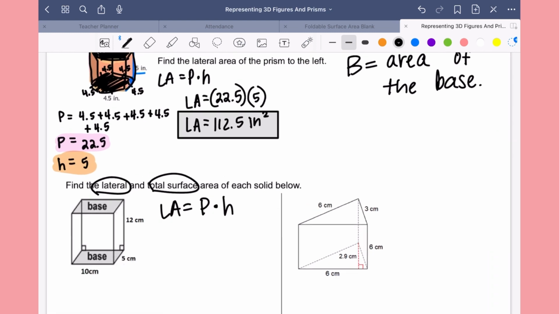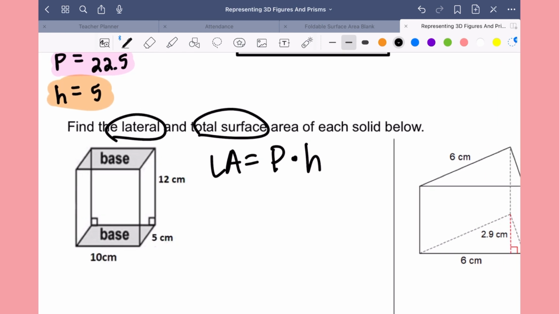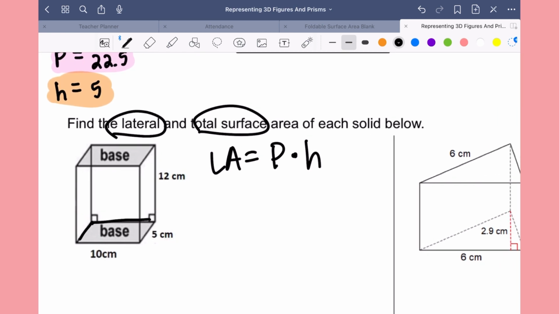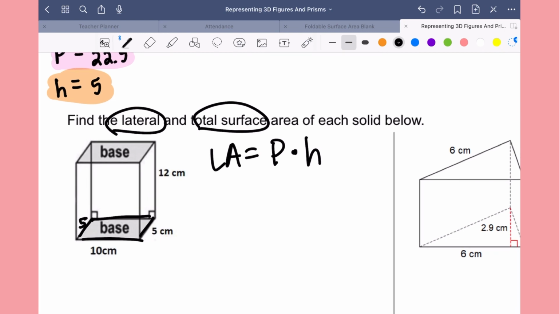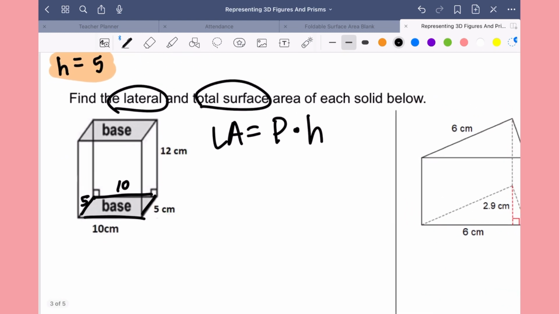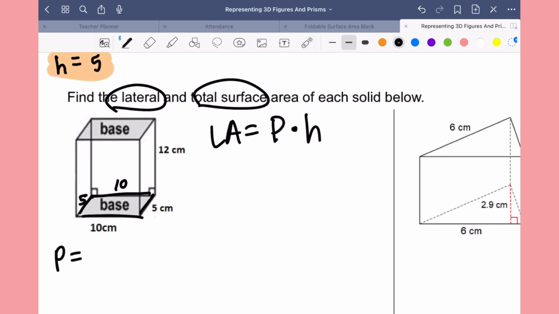So let's do our little side work here. What is the perimeter of the base? If this is 5, then this is 5, and this is 10. So perimeter equals 10 plus 10 plus 5 plus 5, that equals 20, 25, 30. So my perimeter is 30.